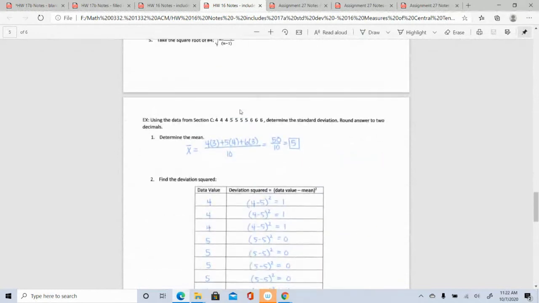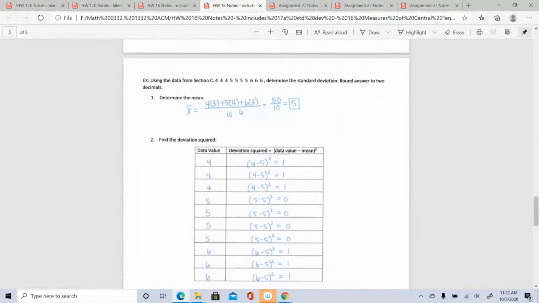So I want to spend just a few minutes going back over this. So let me pull this up. This is back in the 16 notes, but it's actually part of 17 for standard deviation.